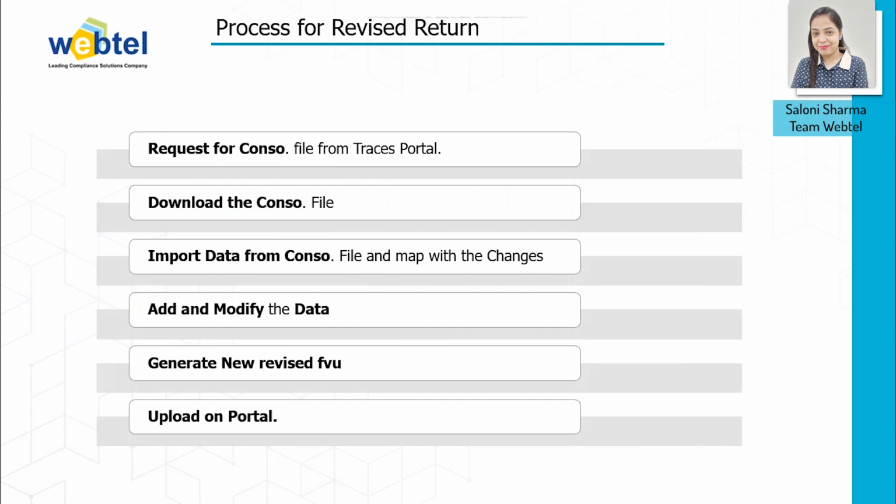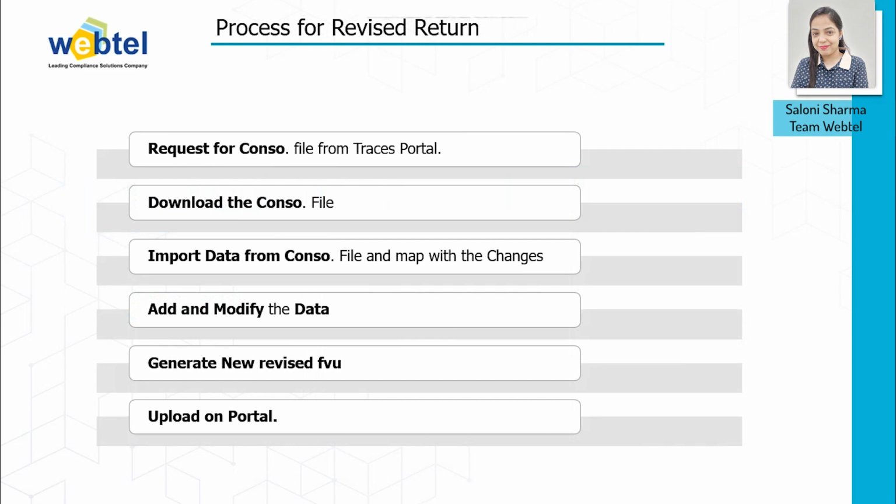Now let's look at the process of filing a revised return. Firstly, you need to send a request for the consolidated file on the TRACES portal, and once the file is available, you need to download it and import it in the software to make the changes.